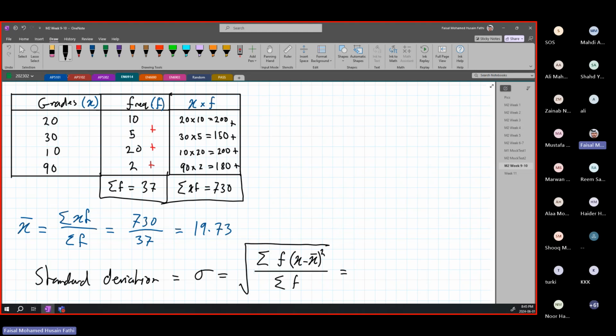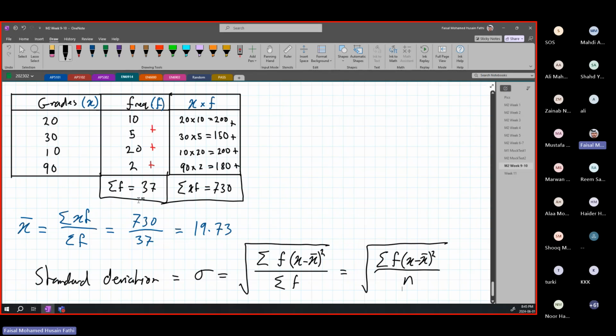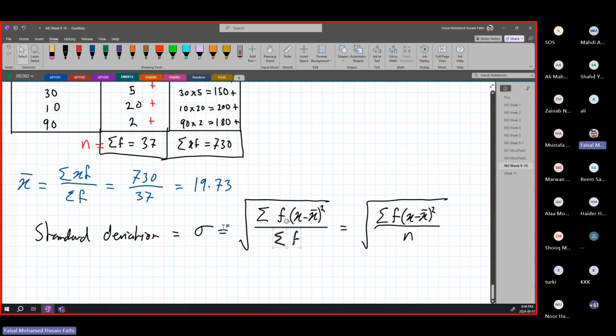Or in other words, you could say that this is the square root of sigma f x minus x bar squared divided by n, because sigma f is basically our n value, which is here. N is equal to sigma f, which is equal to 37. So sigma f we already have found, which is just 37.